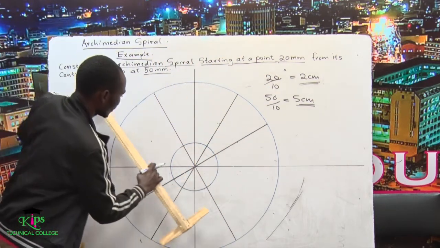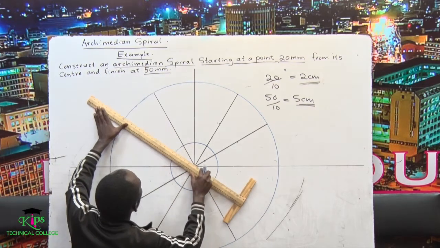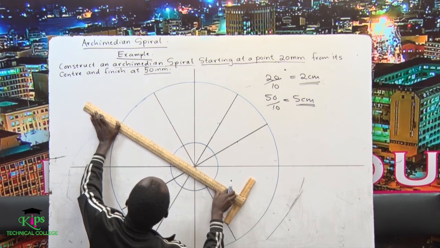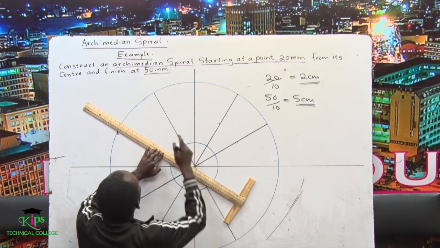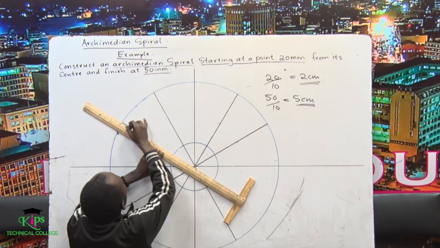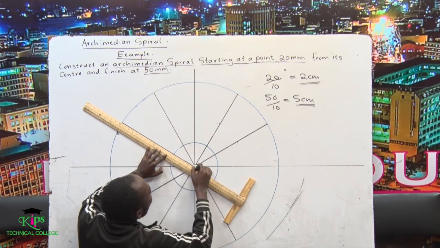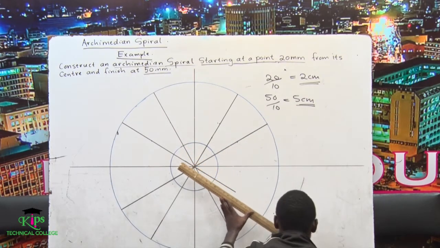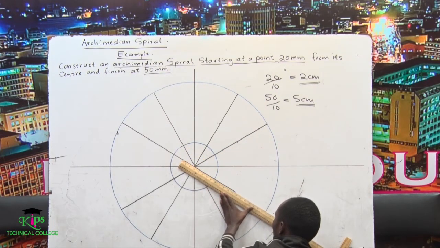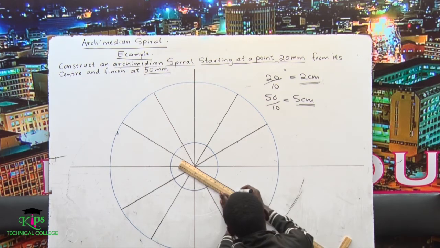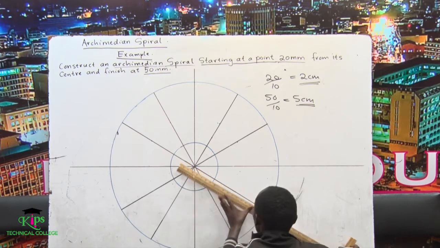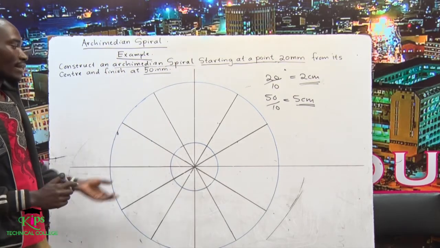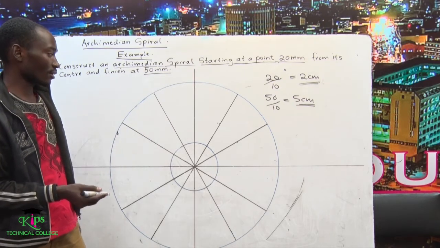Again, draw the last line. So I've subdivided these circles at an interval of 30 degrees all round.